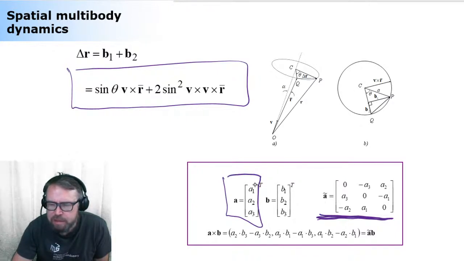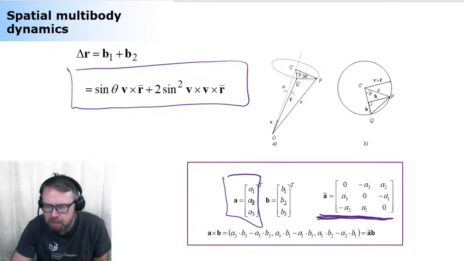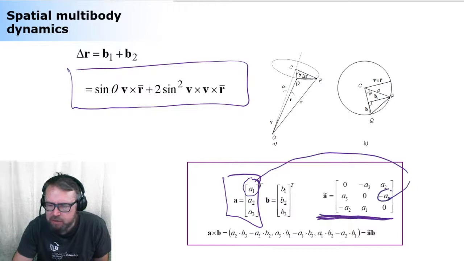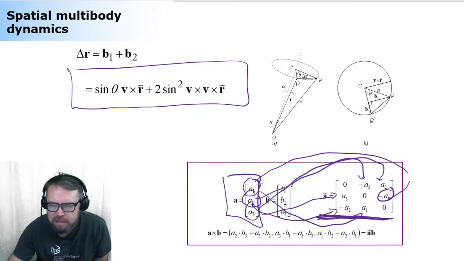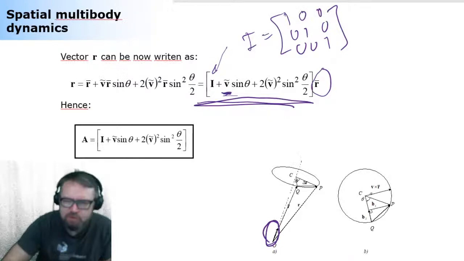So I'm simply relocating its components into a 3 by 3 matrix. How? Well, this first component finds its way to here with a minus sign, and then here with a plus sign. Then component 2 is going to be here. So instead of using this kind of cross product relation, you can use this in a skew symmetric form. And when you're using that in a skew symmetric form, this is how it looks.